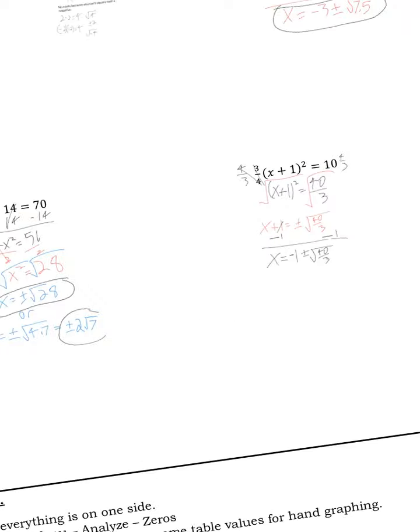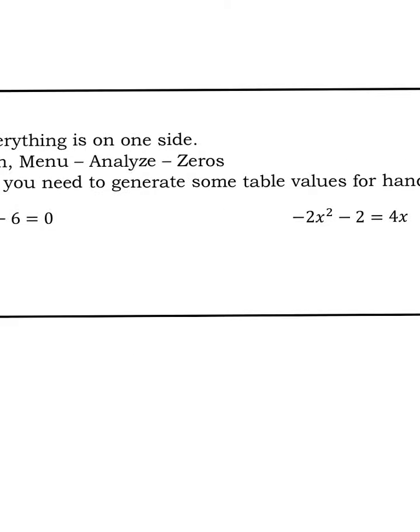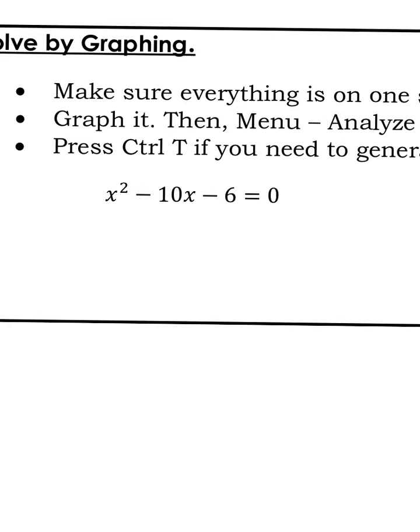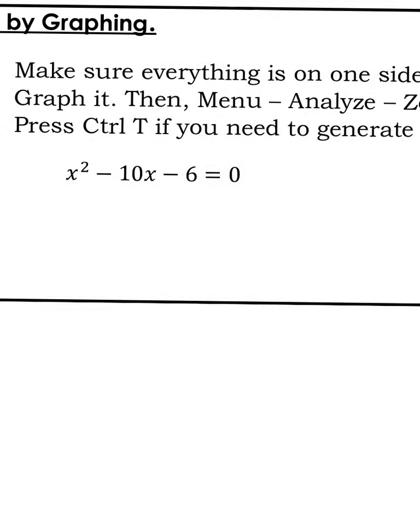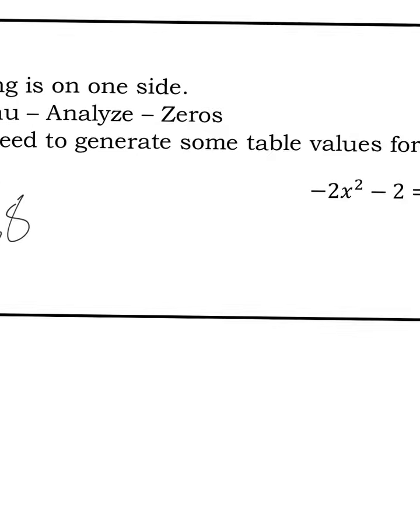Okay, so with the last one here, you're going to graph it. All you really need to do is just plug it into the graphing calculator. Make sure everything's in standard form. So this one, plug it into the graphing calculator and do menu, analyze, and then go to zeros. And you'll get your two answers of negative 0.568 and 10.6. Look for the video of me explaining this using the TI-Nspire.